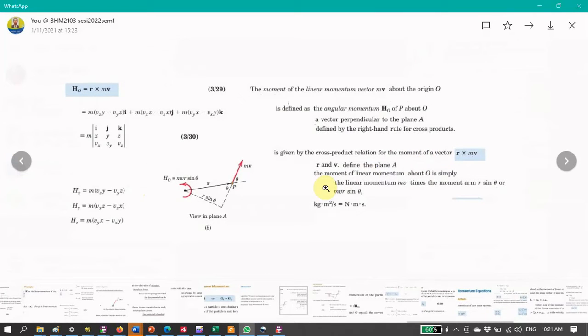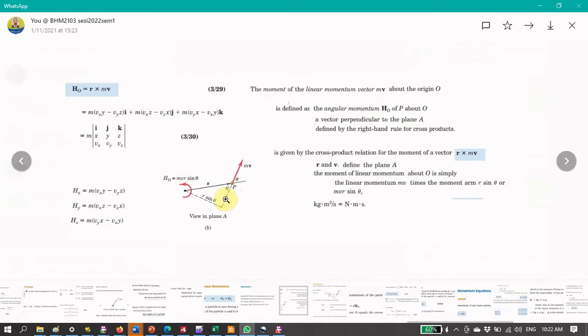So when we talk about the moment of linear momentum about O, actually it's the linear momentum of the particle times the moment arm, r sine theta, right?